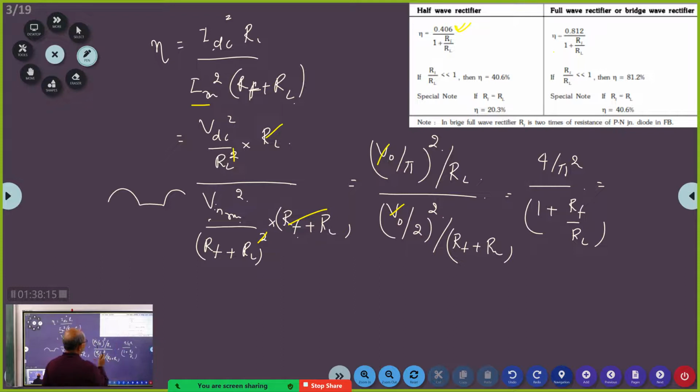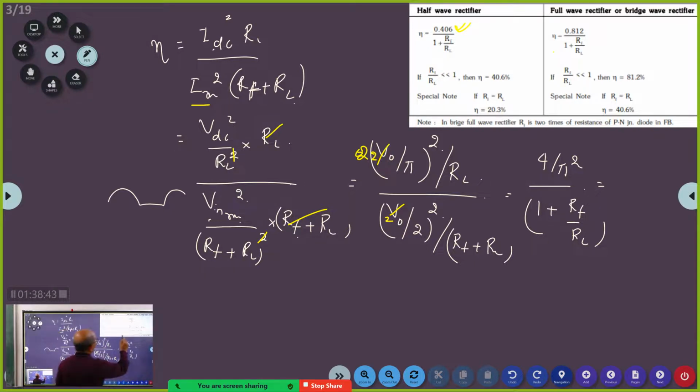So for full wave, what happens? This DC becomes 2V0 by pi, so this will be twice, and this will also be twice.